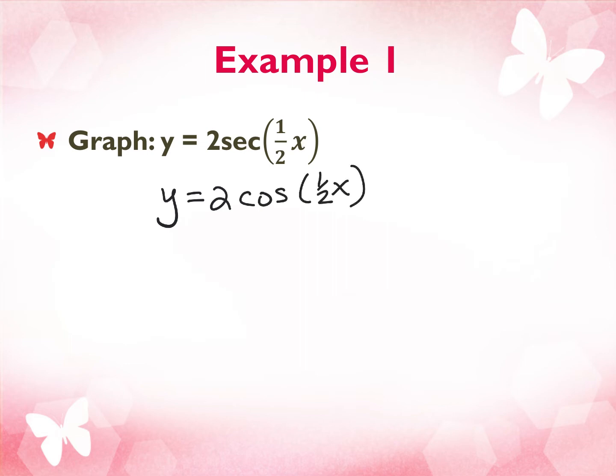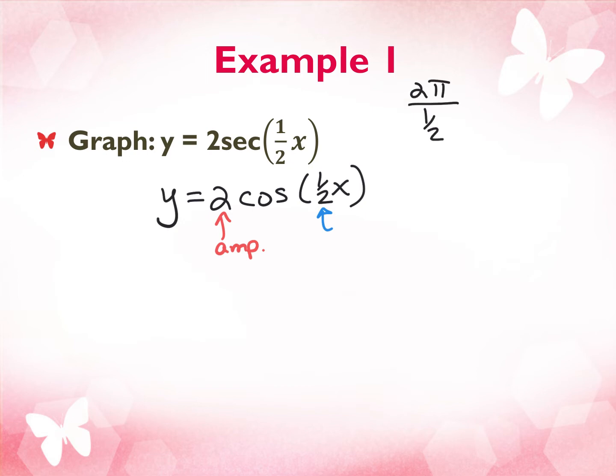So remember, the 2, this is my amplitude. Remember, for the amplitude, all we need to do is label that y-axis. However, this 1/2, this is going to tell me if it's going faster or slower. So this is actually going to go slower. And again, you take 2 pi and you're going to divide it by 1/2.